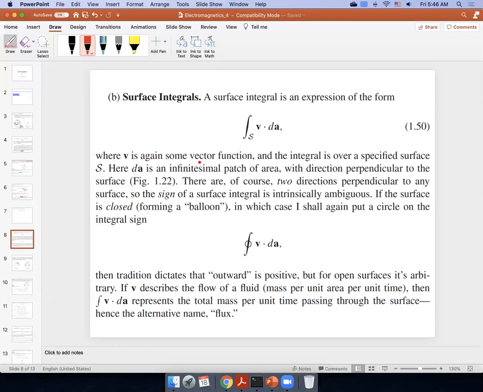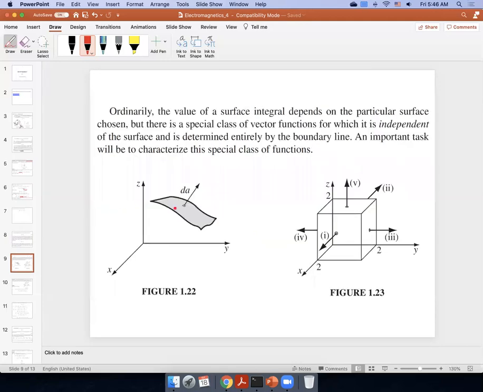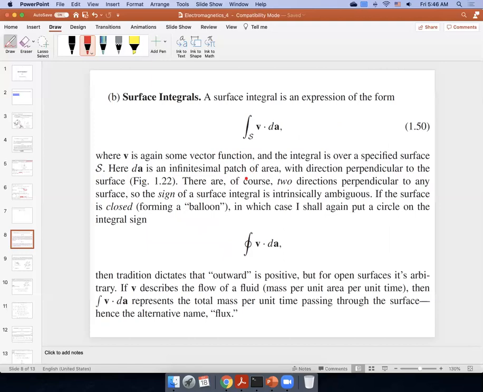Here v is a vector function and the integral is over a surface, of course, S. dA is an infinitesimal patch of area, which is shown here, and it has a direction. That's an important point. For a surface integral, one important thing is the direction of the surface.